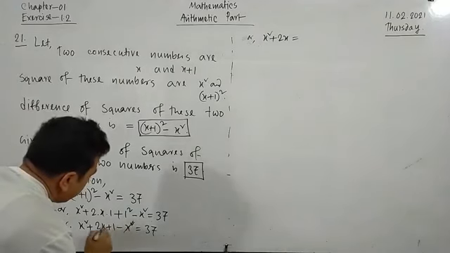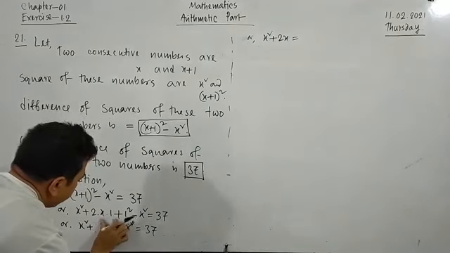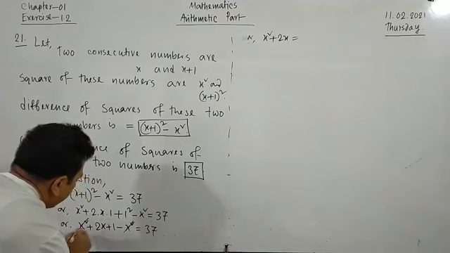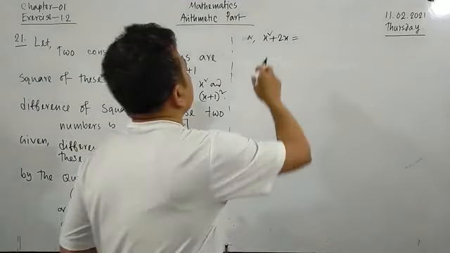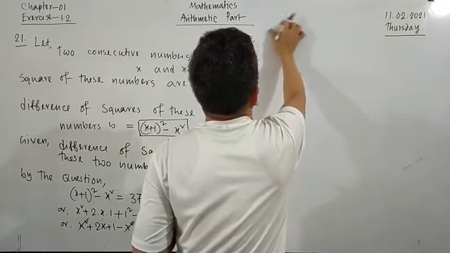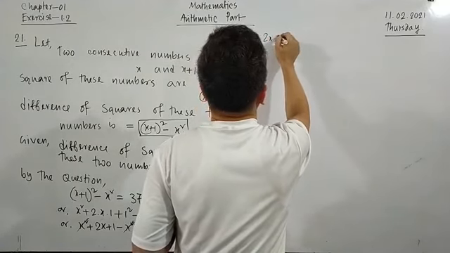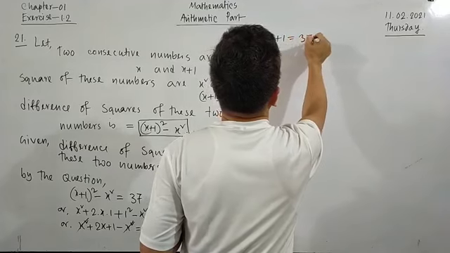So x square is gone, and easily we can write 2x plus 1 equals 37.